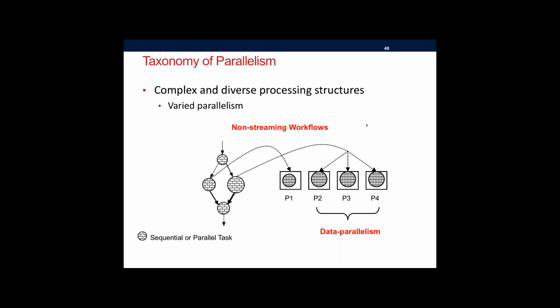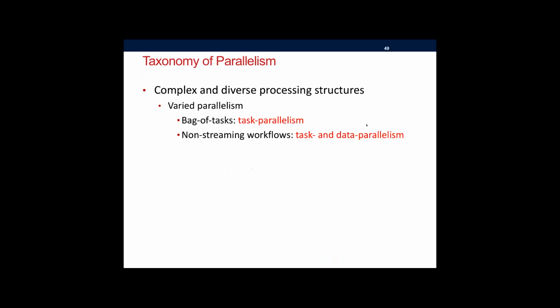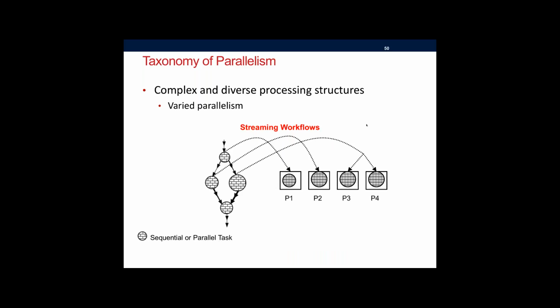So we distribute that into multiple processors. We do the data parallelism, and we can do the task parallelism by running two different tasks concurrently on the parallel machine.